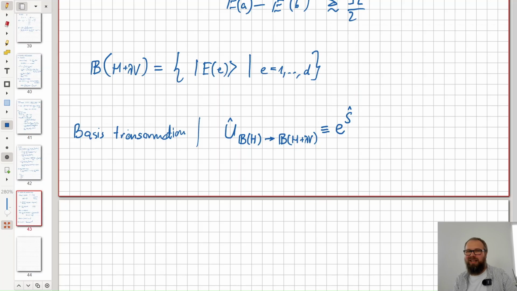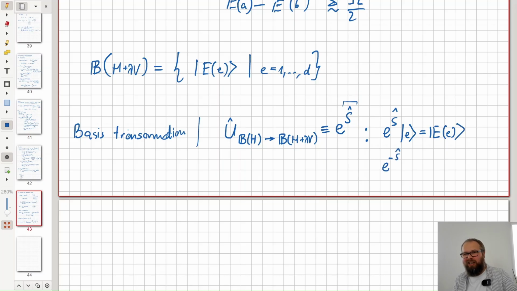Okay, so this transformation can be parameterized by this generator S, and it is such that e to the S, when acting on E, don't confuse it with the Euler number, will turn us into the perturbed eigenvector, okay?